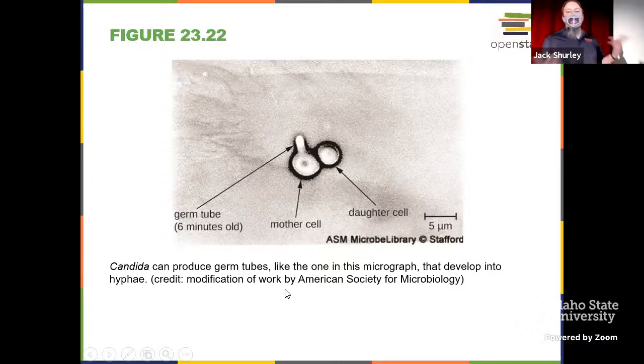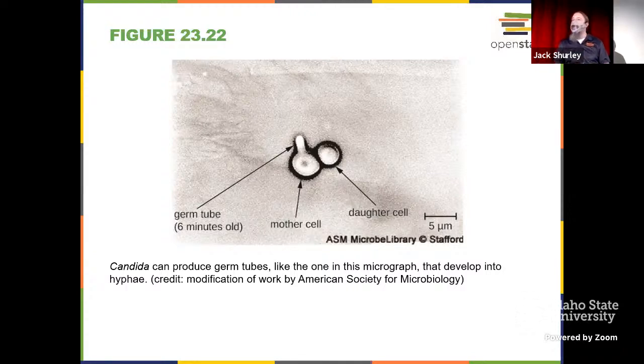So this yeast cell, here we've got a mother cell, here's a daughter cell that has budded off, and then this germ tube, this pseudohyphae that's starting to form, and potentially we'll see formation of a new daughter coming off of that shortly.